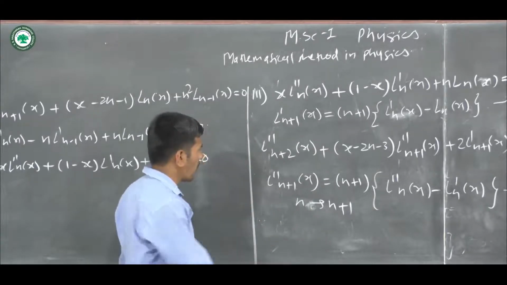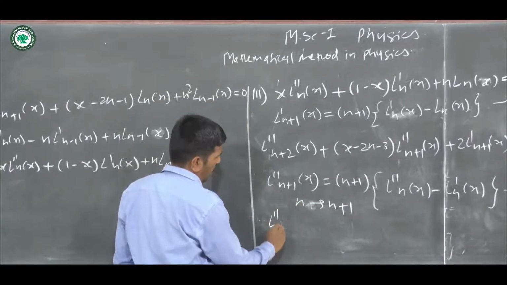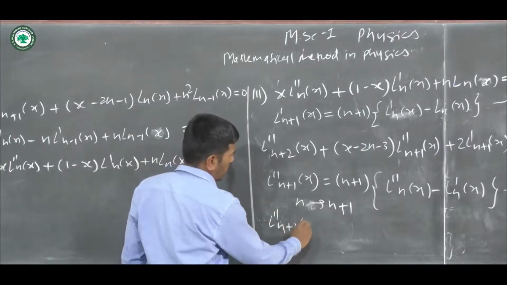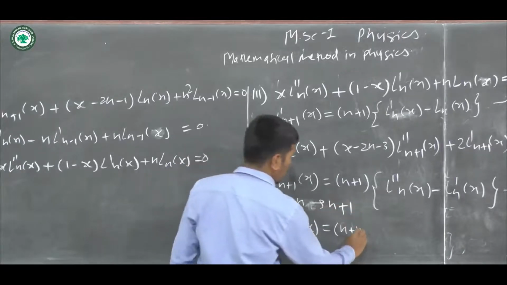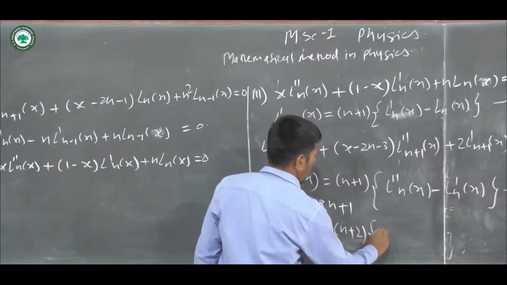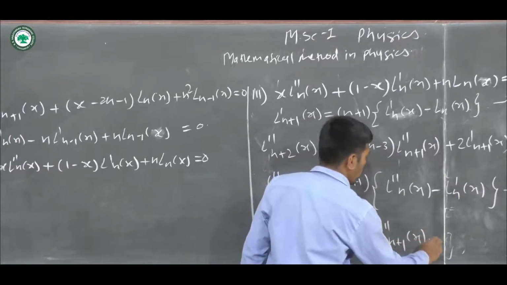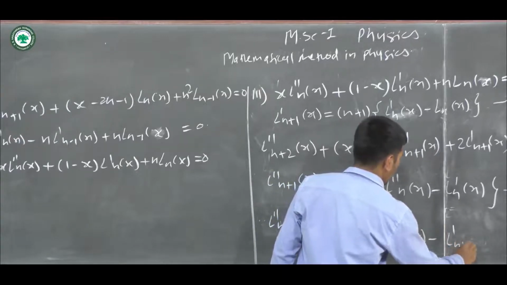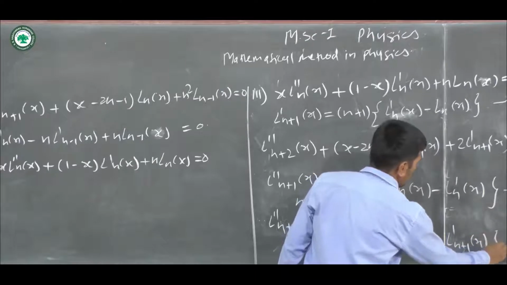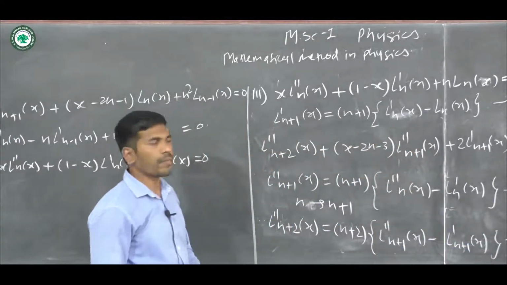So if I replace n with n plus 1, it is L double prime n plus 2 of x is equal to (n plus 1) into 2 L double prime n plus 1 of x minus L prime n plus 1 of x, equation number 4, okay.